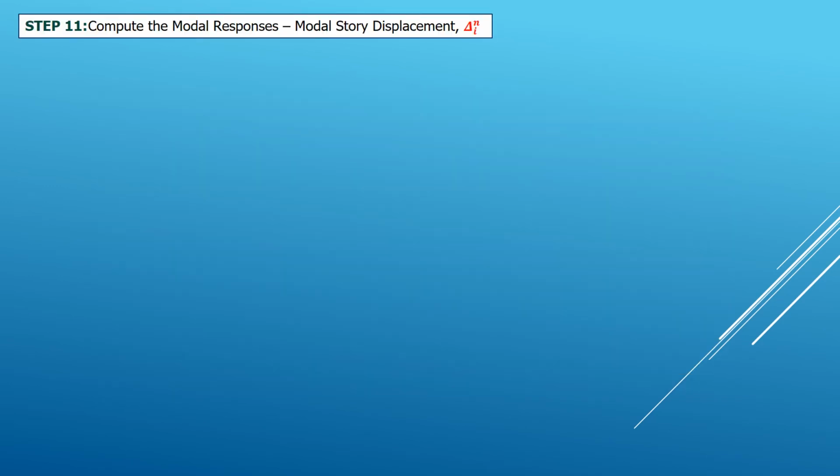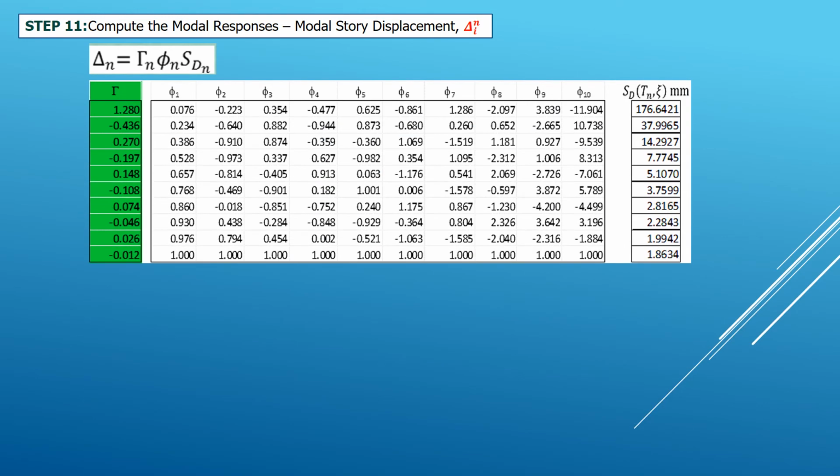For step 11, ito yung compute the modal responses for modal story displacement. So, ito yung formula ni modal story displacement. Si modal mass participation factor multiply to eigenvector at multiply sa computed spectral displacement.